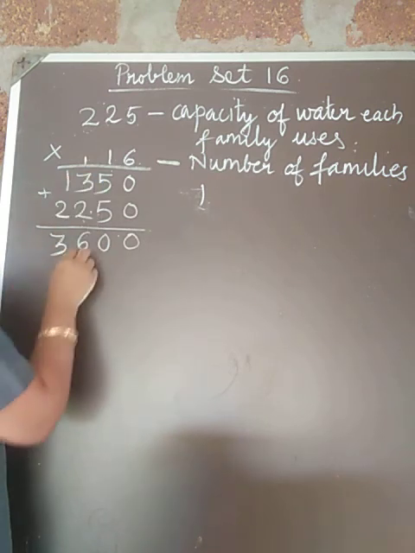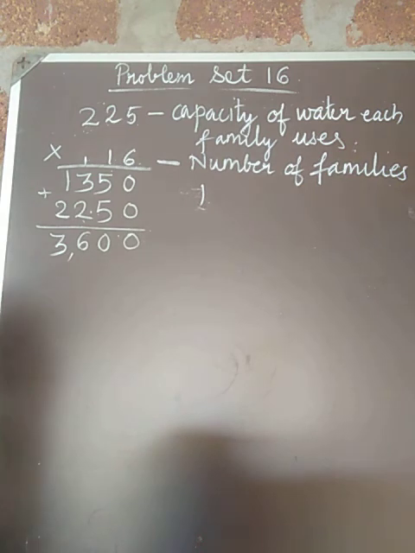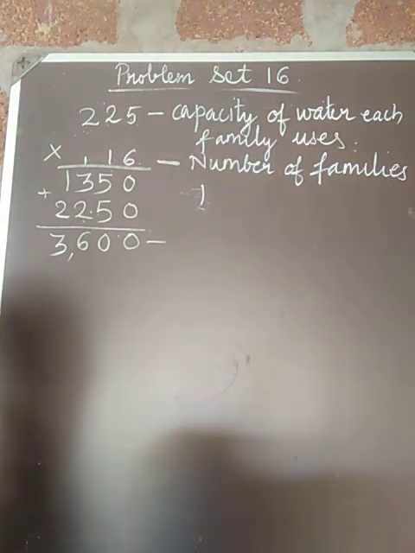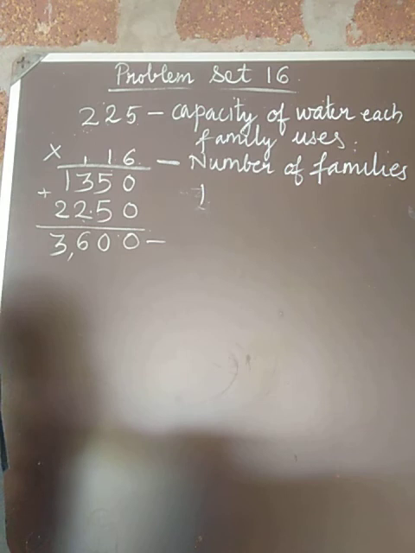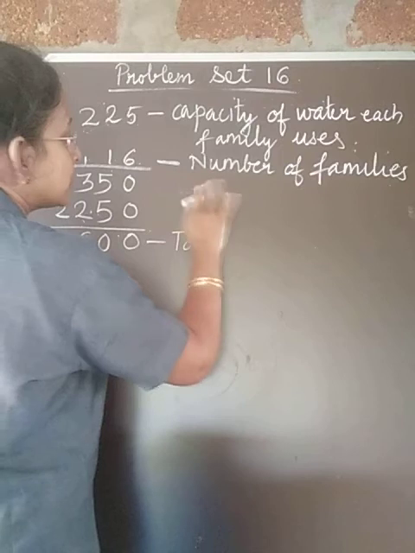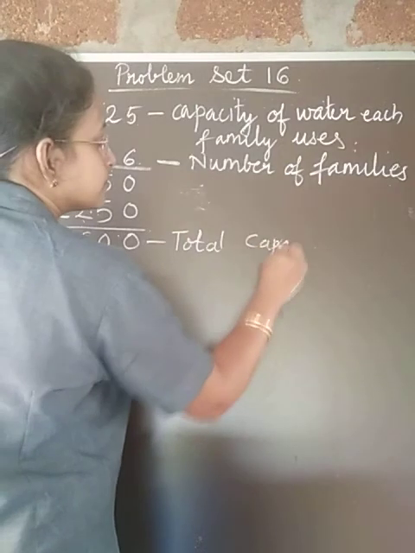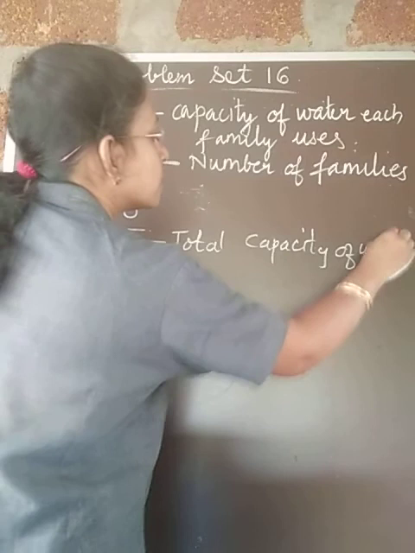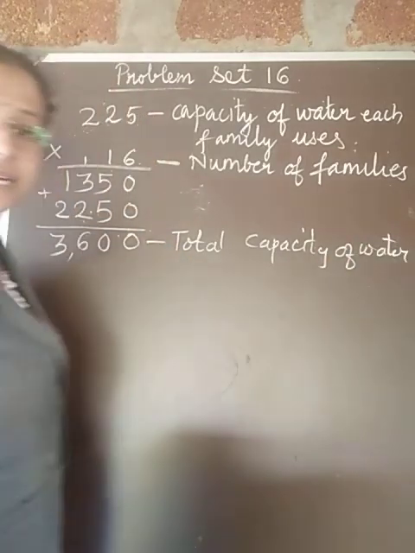So how much water are they using? They are using around 3600 liters of water. So this is the total usage of water, the capacity of water that all the families are using.